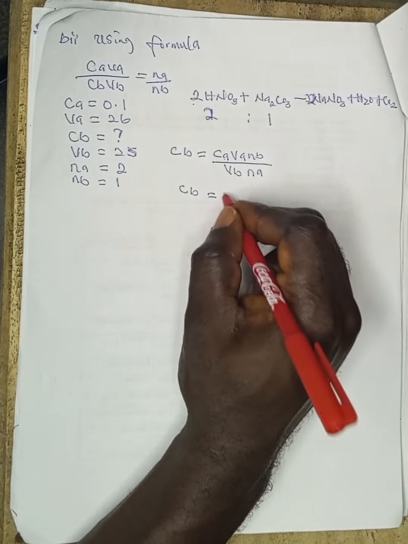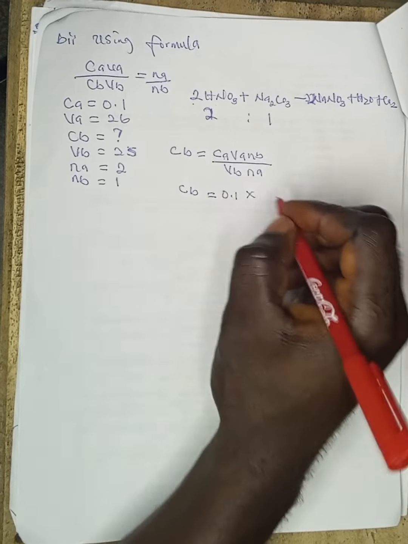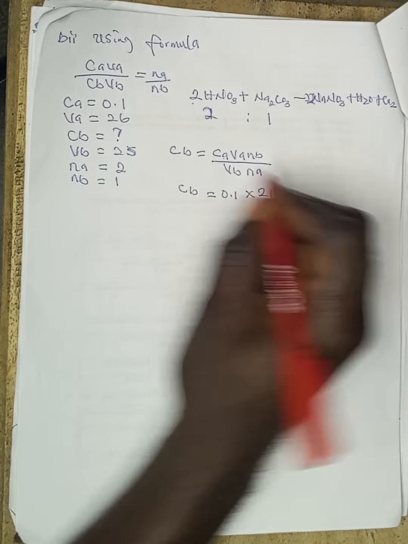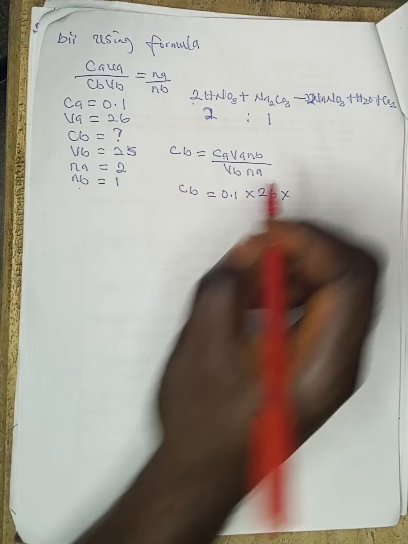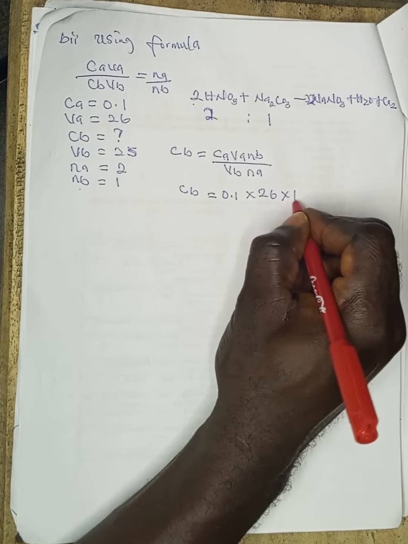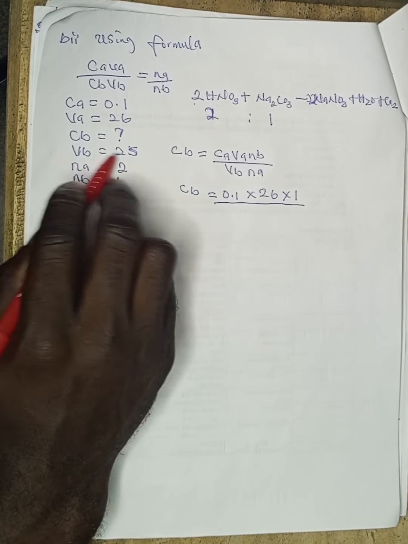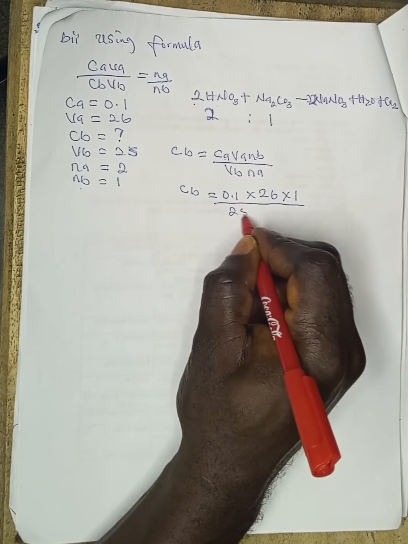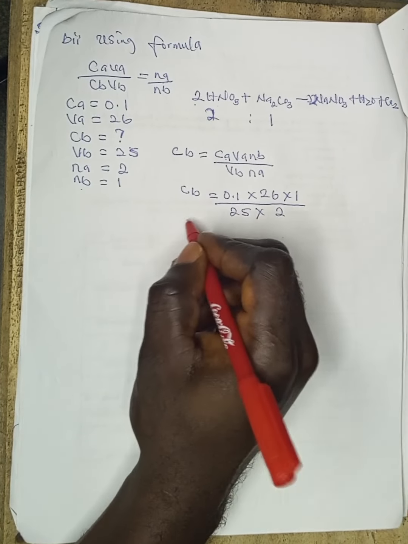Look at your CA here, 0.1 times VA, 26, times your NB, which is 1, over VB. What is your VB? VB is 25 times 2.